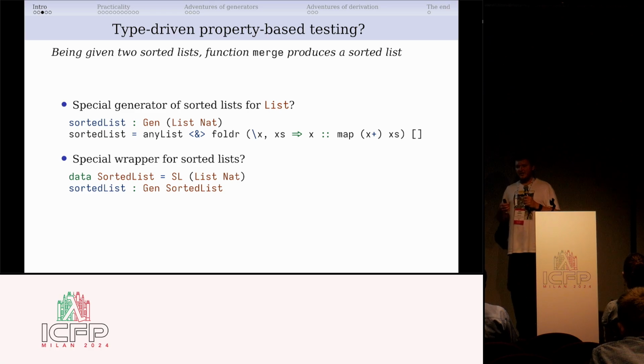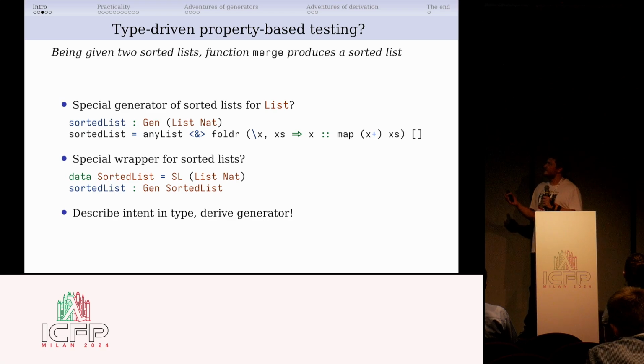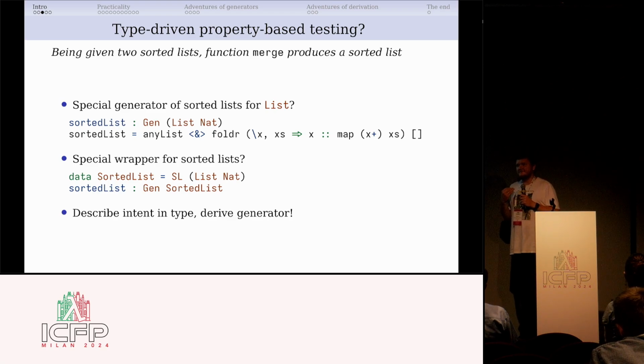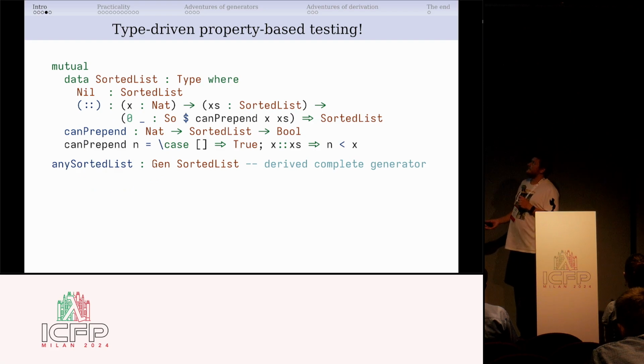What I claim is a worthy solution is to write the intent of sortedness in the type and then derive the rest with all the good properties. What can it look like? This is probably not the best example of a sorted list expressed with dependent types, but still it works.